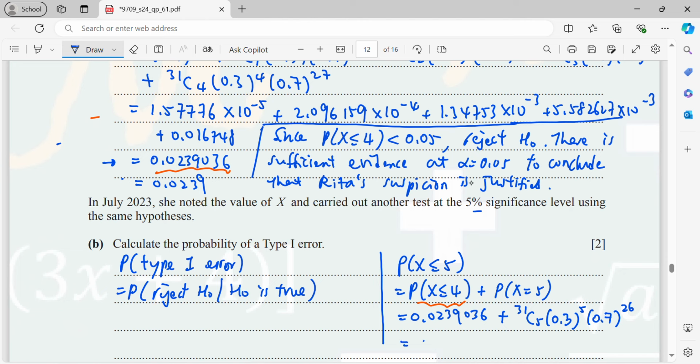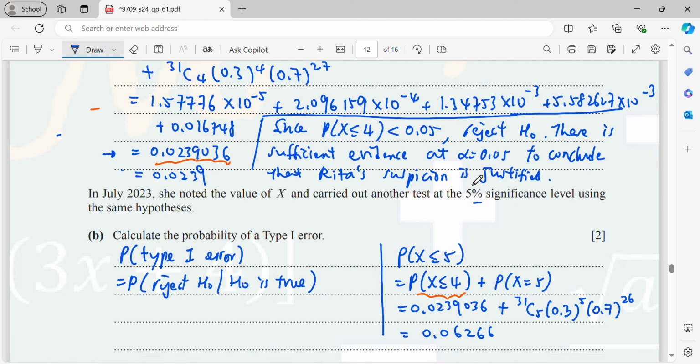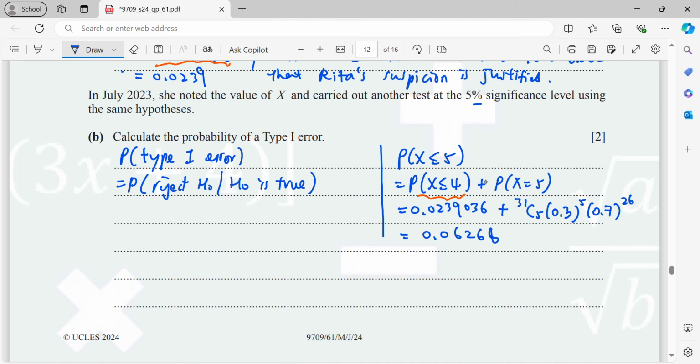Then here you will get a total of 0.06266. So it's recommended to give more decimal places before you round up to 3 significant figures, because we might need that value in the next calculation. So now I round up, 0.0627. So this value is greater than 0.05.